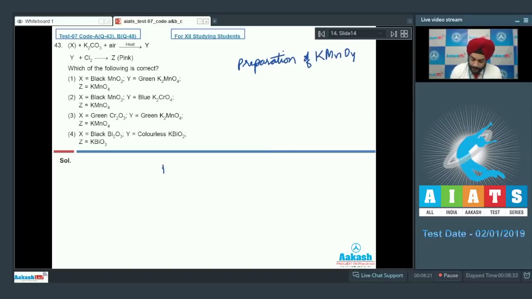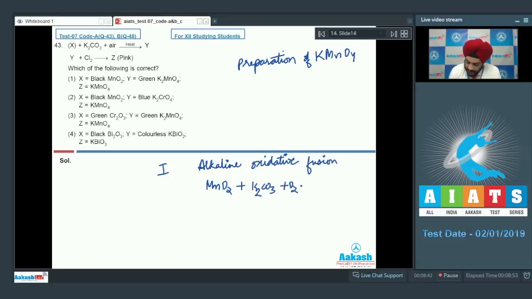In the first step, there is alkaline oxidative fusion of MnO2, in which MnO2 reacts with K2CO3 in presence of atmospheric air to give us K2MnO4, in which Mn is present in a state of +6, and then this K2MnO4 is allowed to react with Cl2 to give us KMnO4.